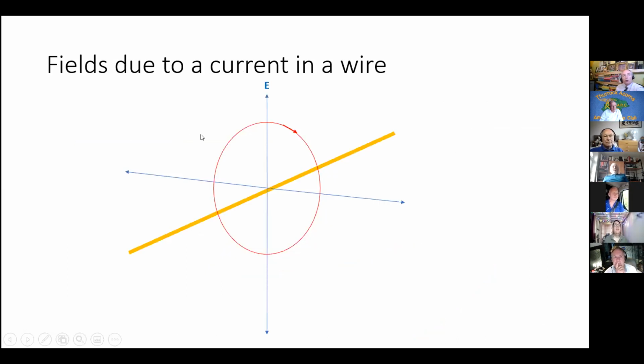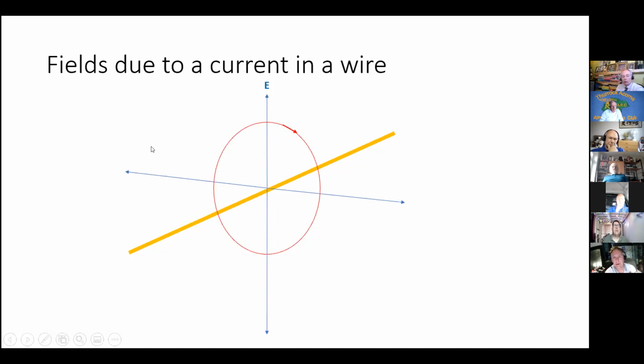If you look at the field due to the current in a wire, so we have here a sort of orange wire, we have electric fields that spread out straight from the wire in all directions, and we have a magnetic field that if you put a compass needle near the wire and look at which direction it's pointing as you move it round, goes round in a circle. And if you go far enough away from the wire, you find that the electric and magnetic fields cross at right angles, which is the condition for an electromagnetic wave.